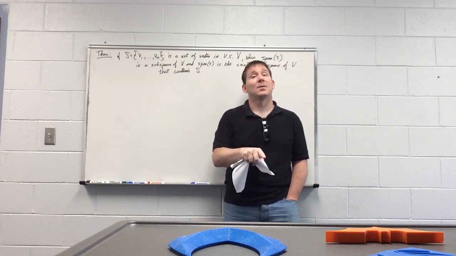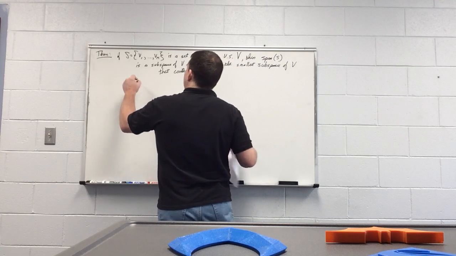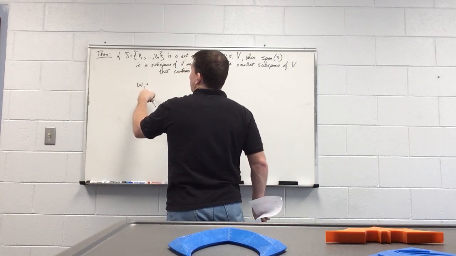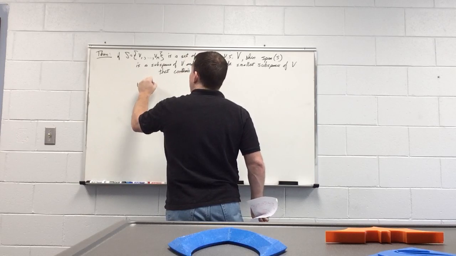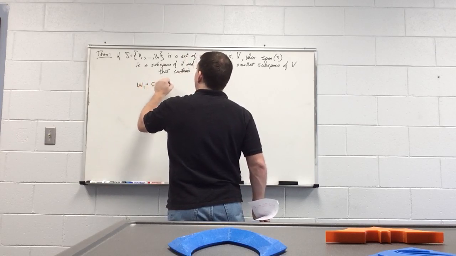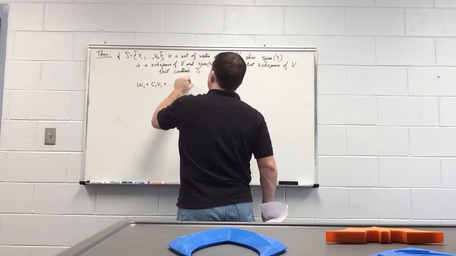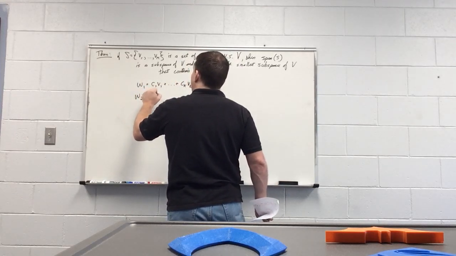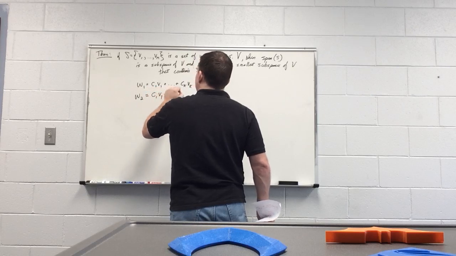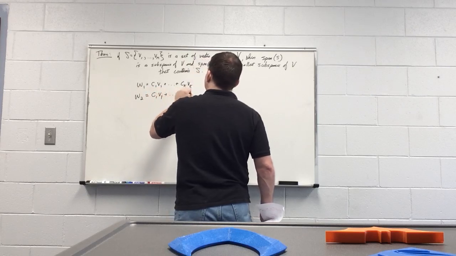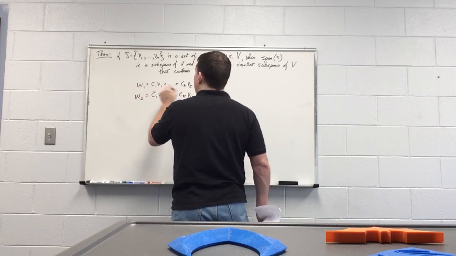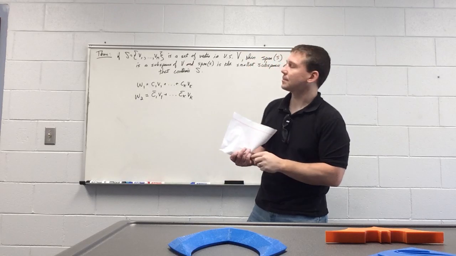So maybe the vector, I'll use W. One vector in the span of S is W1, which is equal to C1 V1 all the way out to CK VK. Another vector, W2, is C1 V1 out to CK VK. And here, these C's don't have to be the same, so maybe I'll just put bars over them.